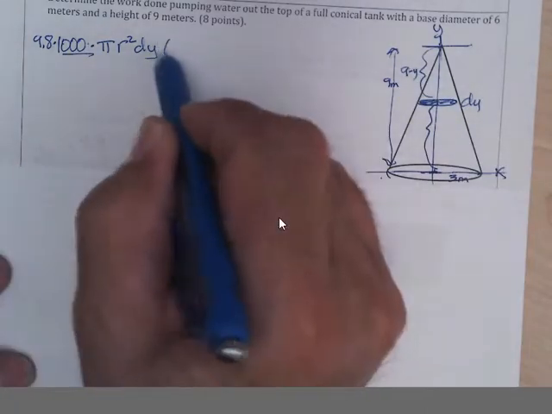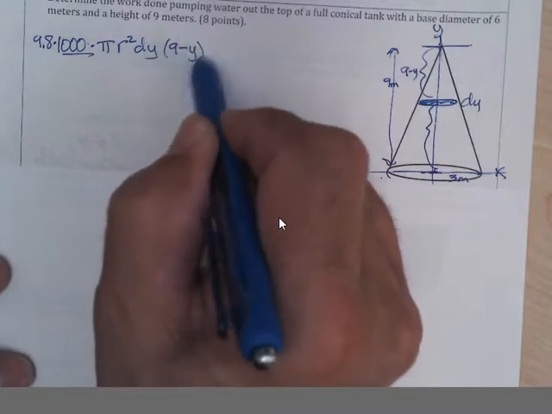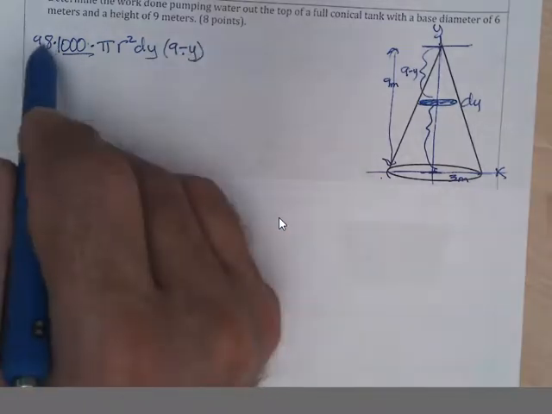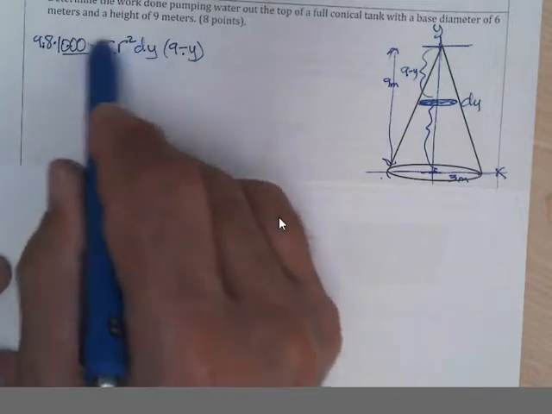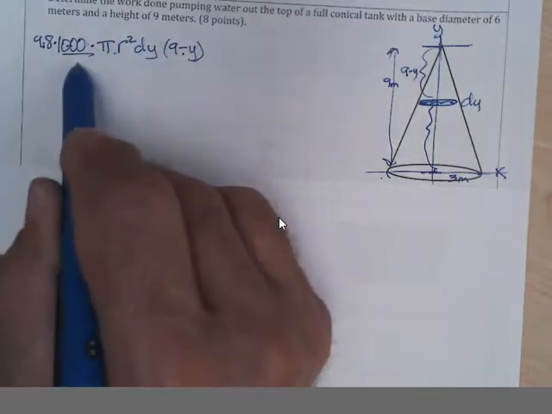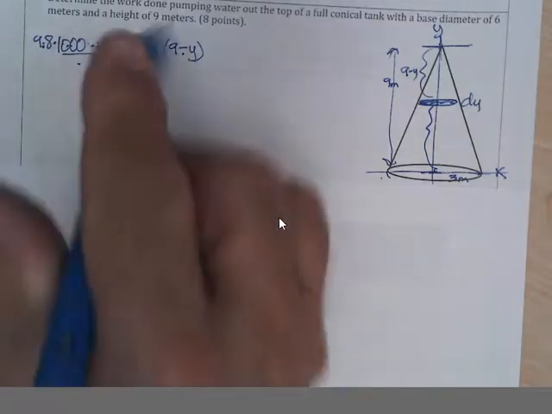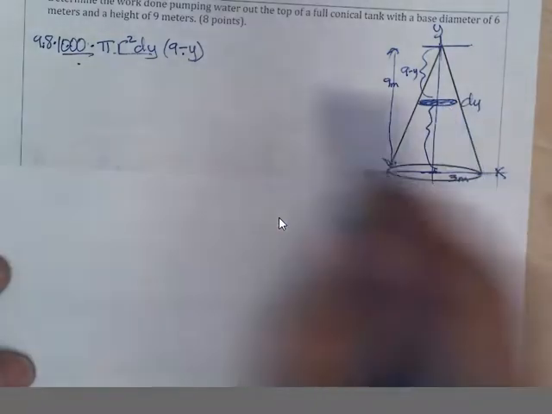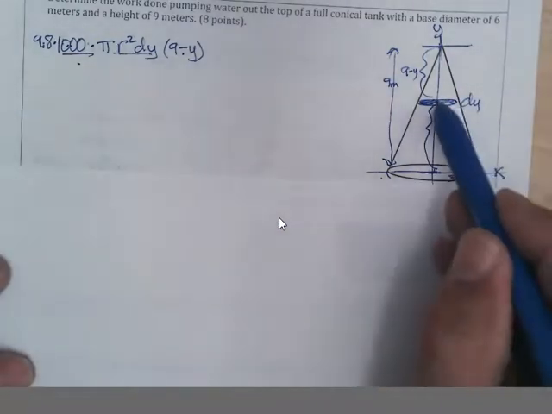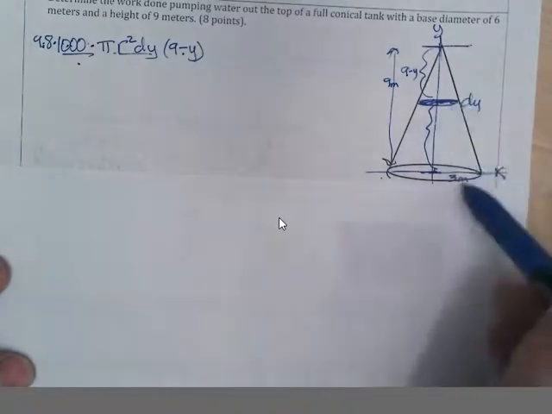So times 9 minus y, the distance I lift it. This turns the mass into weight, and this is the volume that gets rid of the density denominator. So everything's good except for r. And r's here, which is x.